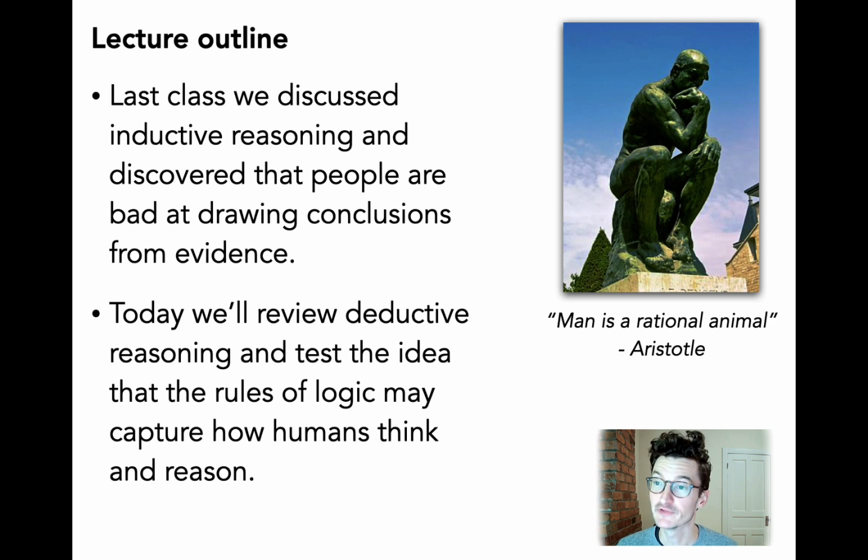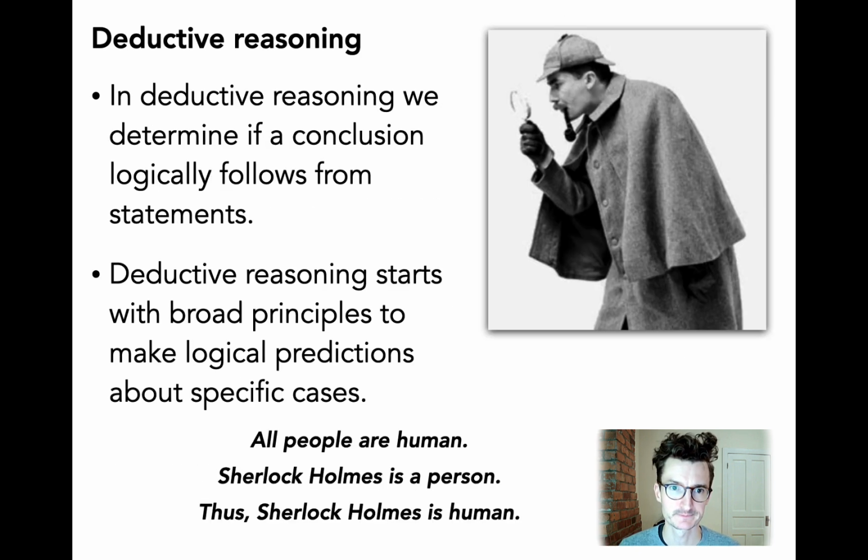So there's bias that can creep in, and we're bad at falsifying our beliefs. Once we have a belief, we tend to stick to it. So today we'll review deductive reasoning, which is a little bit different than inductive reasoning. Deductive reasoning is based on the rules of logic, and I'll explain the difference in the next slide.